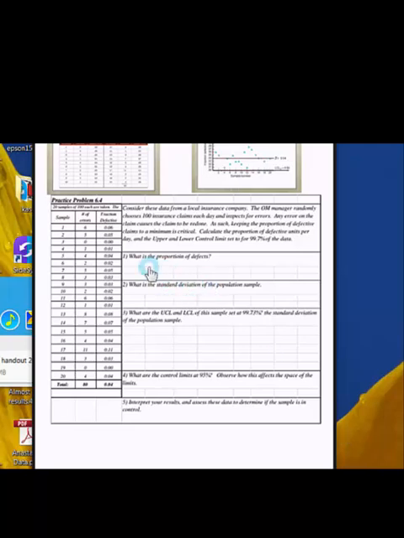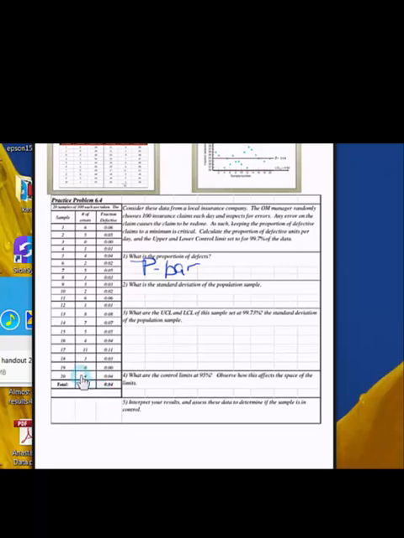So first, we want to compute the proportion of defects, and so that is essentially P bar for us. And P bar is calculated as the sum of all of these errors divided by the total sample. In this case, the sample size is 100, and we have 20 samples, so we multiply by 20.